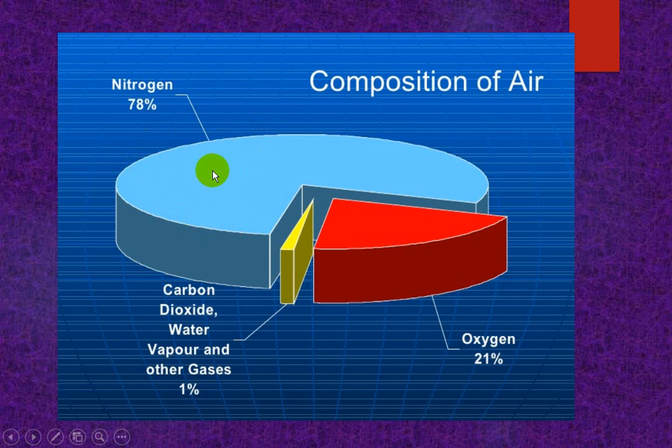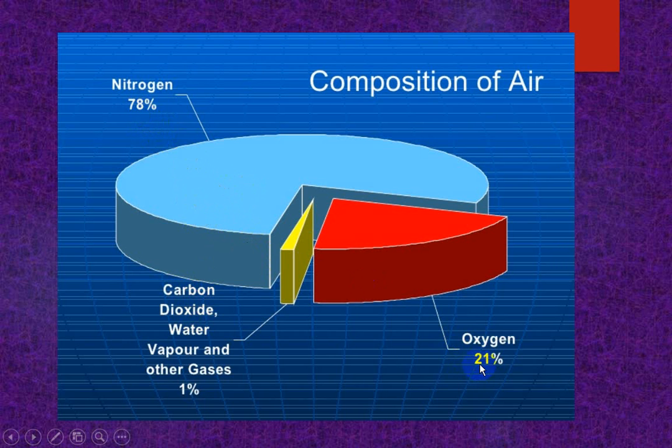We know air contains different types of gases, like water vapor, germs, and dust, so air is a mixture. It contains oxygen, nitrogen, and carbon dioxide. If everything is 100%, then 78% is nitrogen.